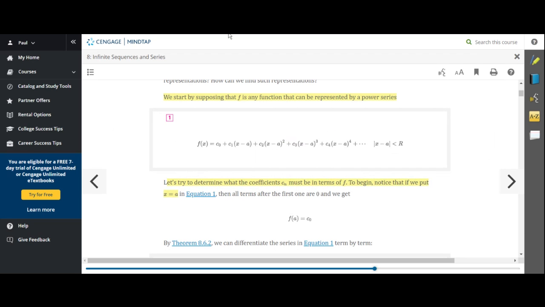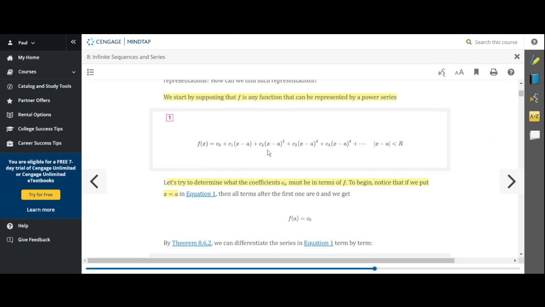To begin, they say let x equal a and put it in this equation 1. Well, if x equals a, all of the terms are going to drop out, because a minus a is 0. The second term is c1 times a minus a, that's c1 times 0, that's 0.